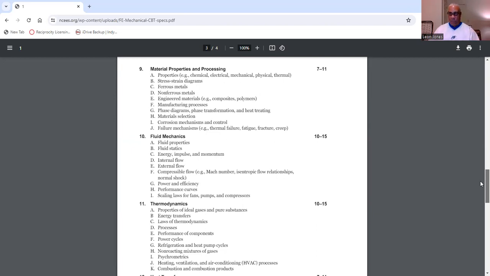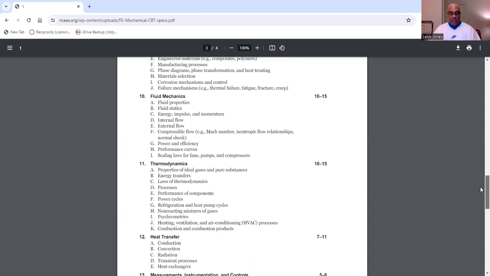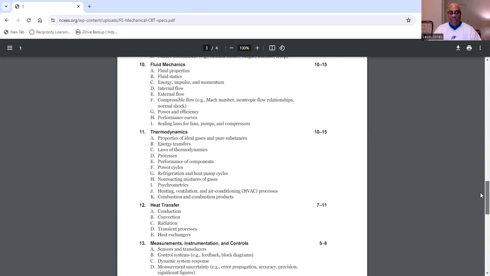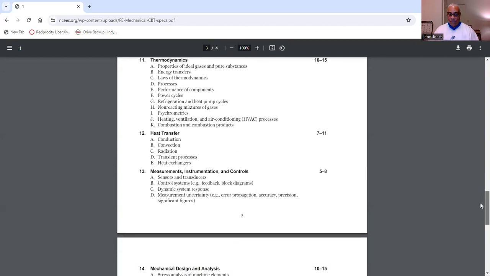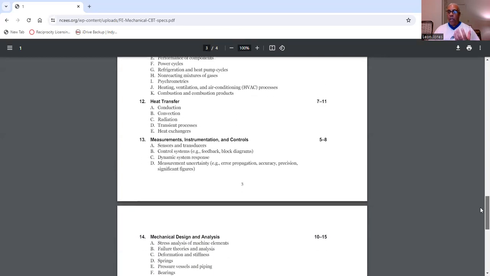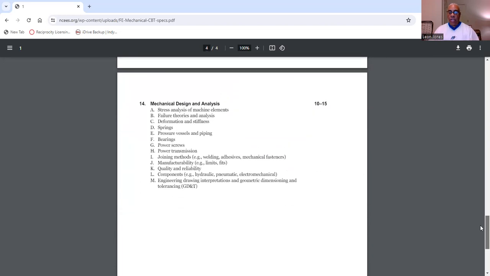A lot of problems with fluid mechanics. Thermodynamics. You're going to deal with power cycles. You're going to deal with heat. These are essential for subjects like HVAC. You're going to deal with convection, radiation. This right here is going to tell you what you have to study, and it gives you a perfect outline. 14 subjects.